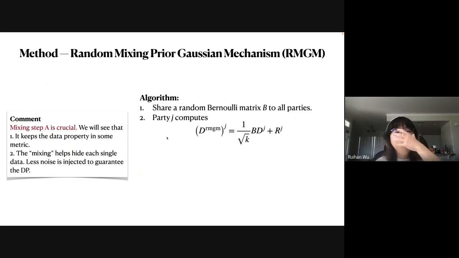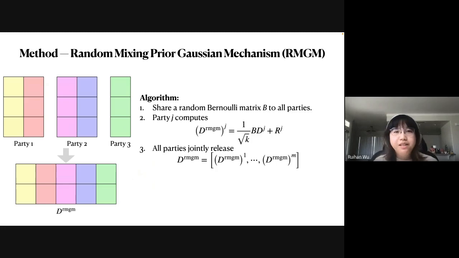Okay. To simplify, the privatization algorithm at party j is to project n data points to k data points by this matrix, and then add the Gaussian noise. That's all it is.